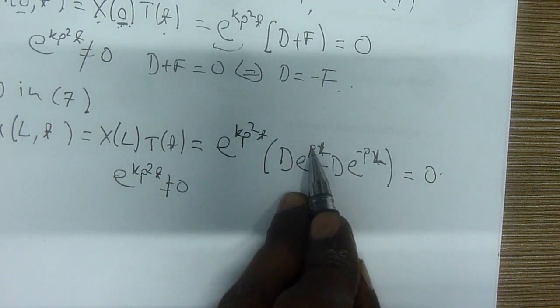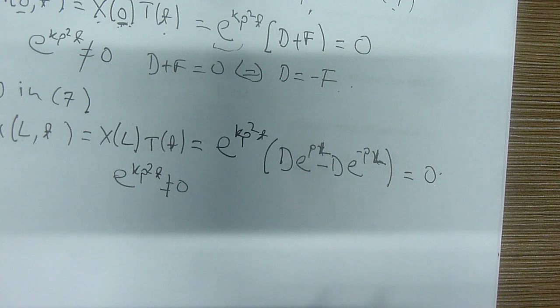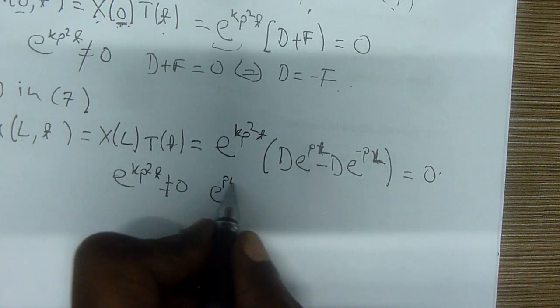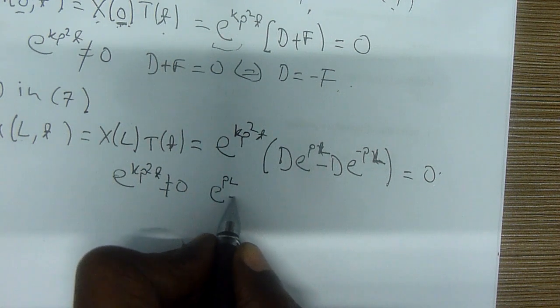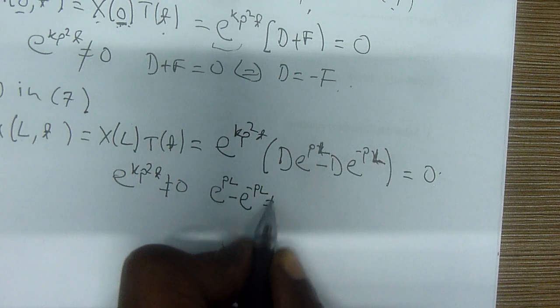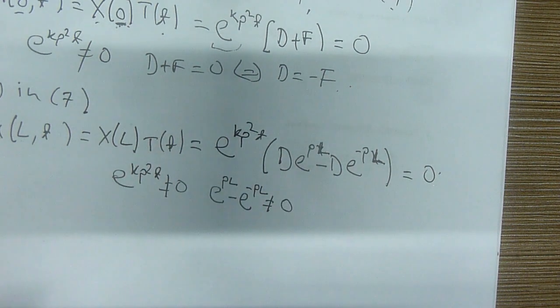And do you think this e^(pL) minus e^(-pL) will be 0? Definitely not, right? Therefore e^(pL) minus e^(-pL) cannot be 0, impossible.